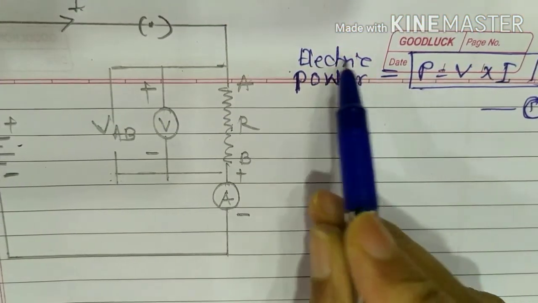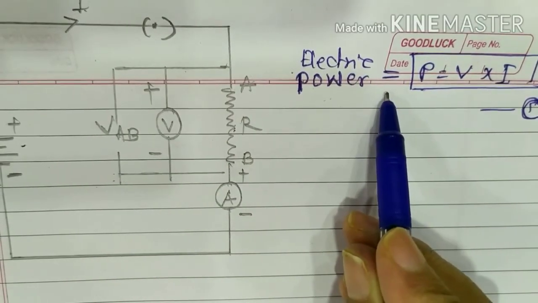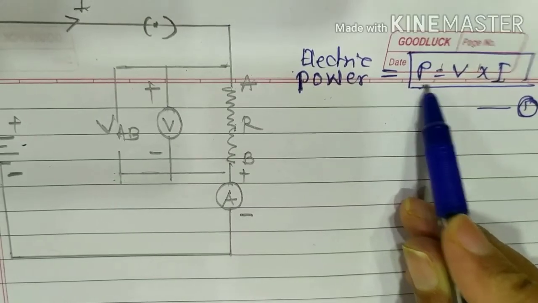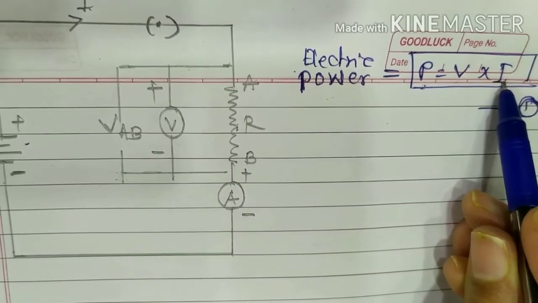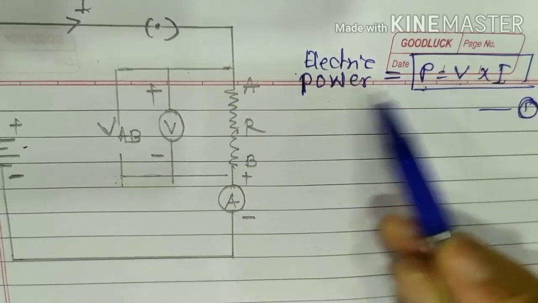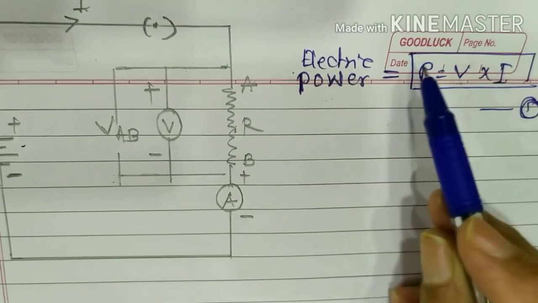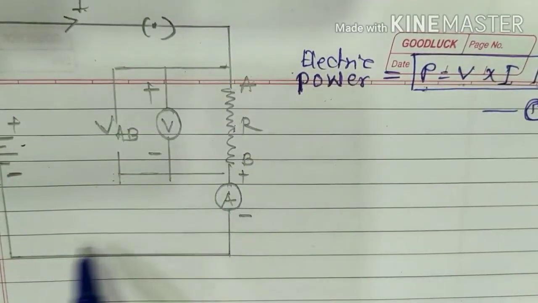Let us see the first equation: electric power, denoted by P, is equal to V into I. V is the potential difference provided in this circuit, and I is the current flowing in this circuit.